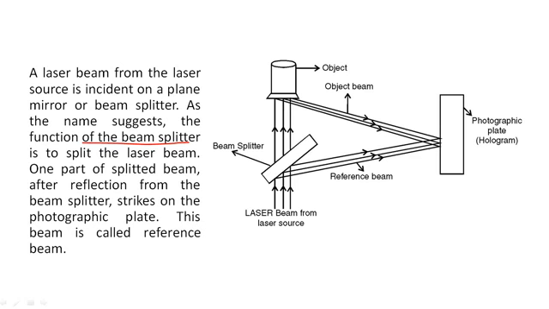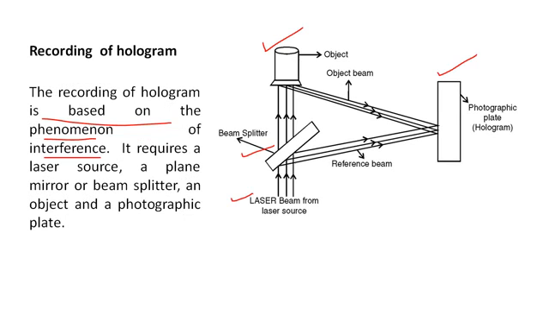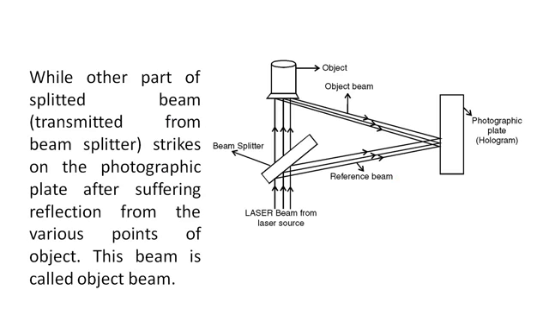One part of the split beam, after reflection from the beam splitter, strikes the photographic plate. This beam is called the reference beam. The other part of the split beam, transmitted from the beam splitter, strikes the photographic plate after suffering reflection from various points of the object.